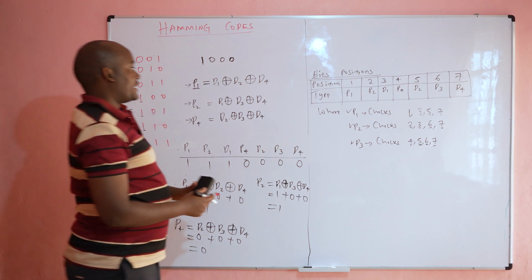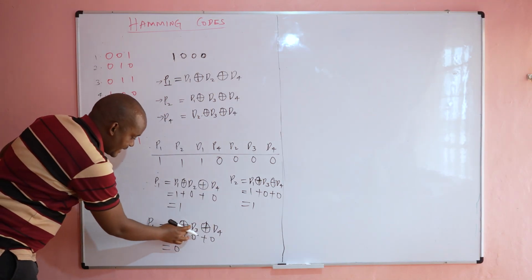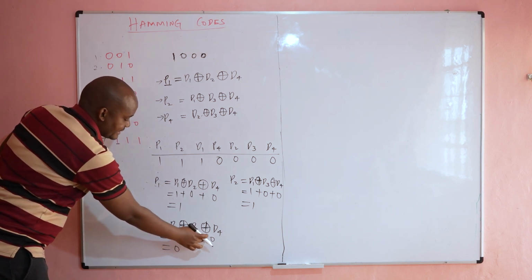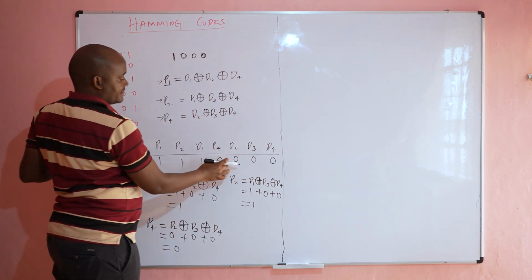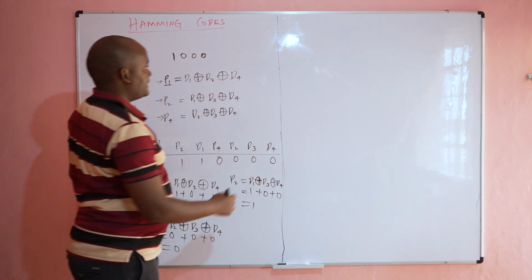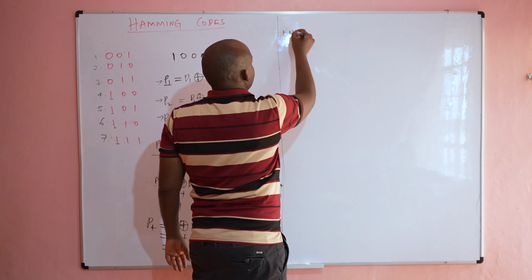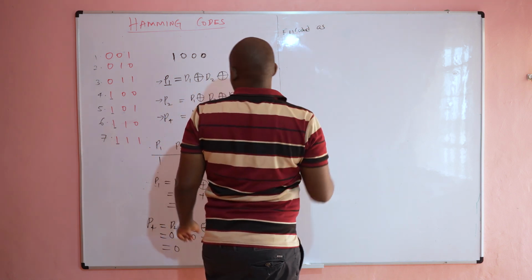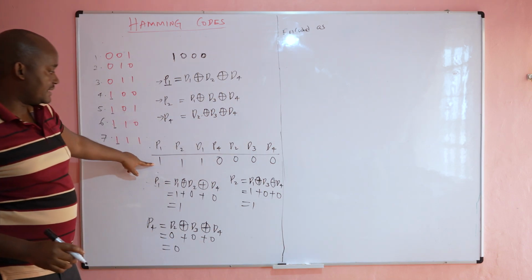So now our code word: D2 plus D3 plus D4 is 0 plus 0 plus 0. For those values in our table here, they are 0, 0 and 0. So this message is encoded as, now you read it from this particular side.